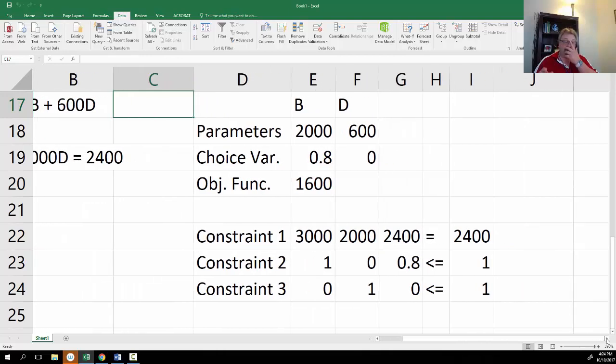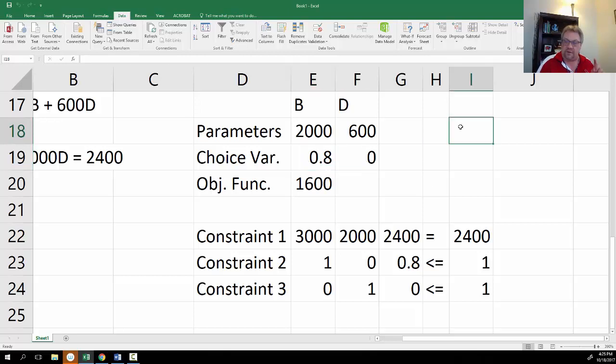Okay, so what is this telling me? Now remember, I was maximizing the number of component 1 pieces that I should produce. So this is telling me that I should produce 1,600 units of component 1. To do that, I'm going to use 80% of the Buffalo plant to produce component 1 and 0% of the Dayton plant to produce component 1.